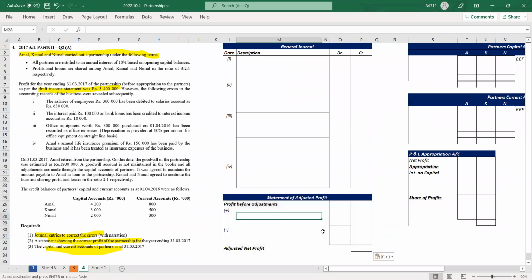I'll draw that here. Before the adjustment, profit is 3.4 million, 3,400. Okay. Right. Now let's do the error correction.